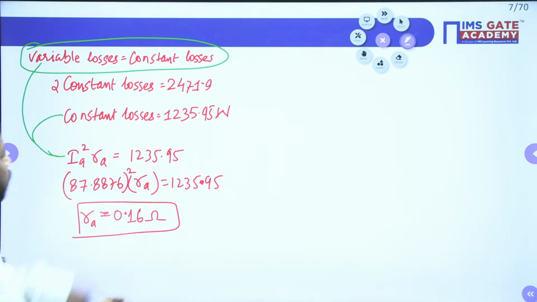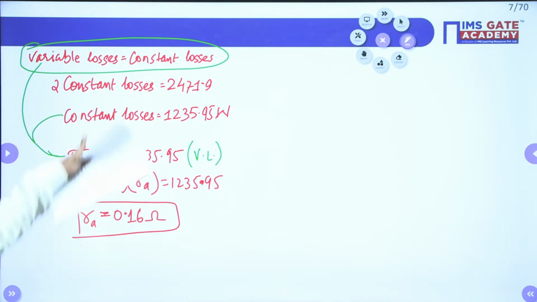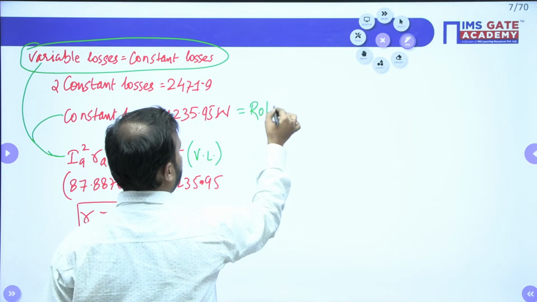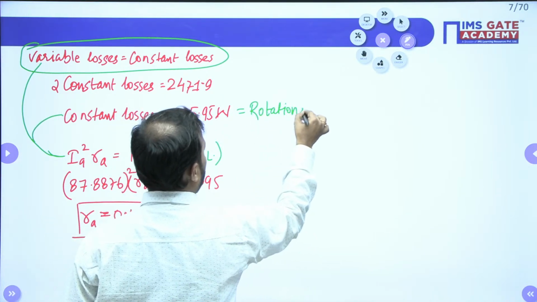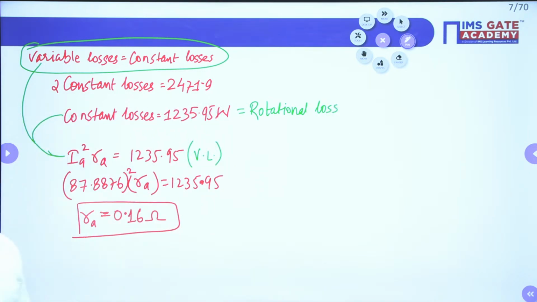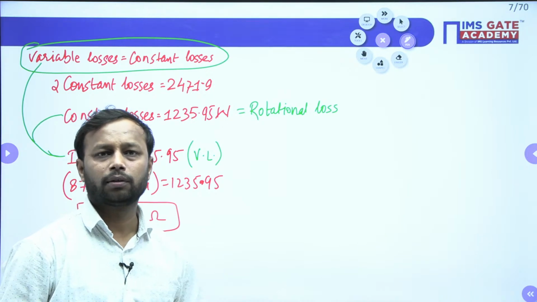This is variable losses. So constant loss is basically the rotational loss. Done. Any doubt in this?